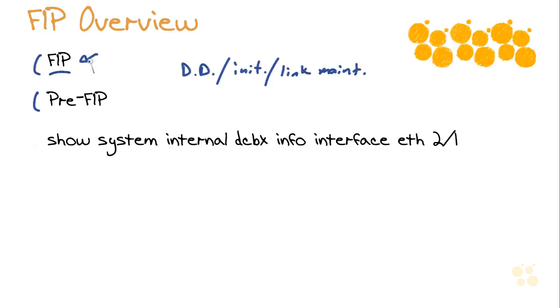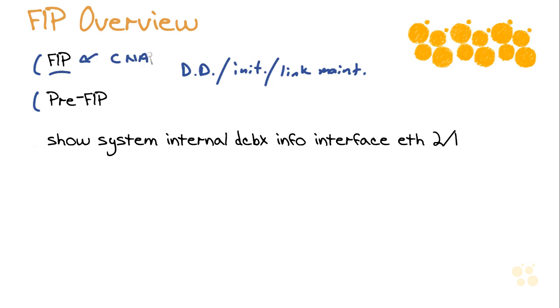FIP mode is the Converged Enhanced Ethernet Data Center Bridging Exchange Protocol. It's a T11 compliant protocol, and we have it in our second generation converged network adapters.